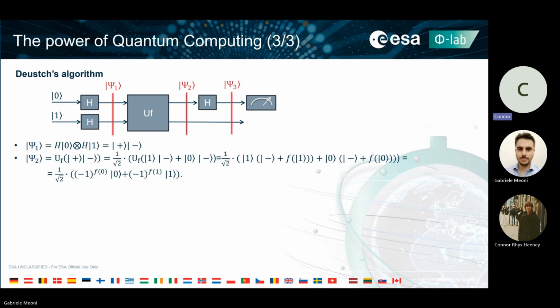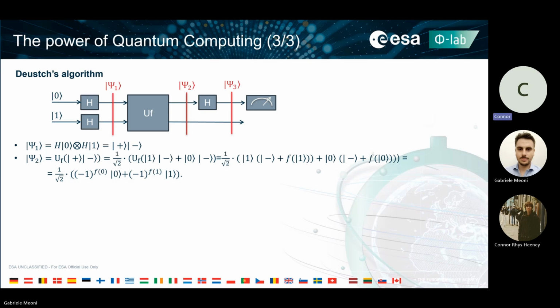You use the linearity of the oracle itself. In the end, you get something like that. You get that here, the full system state, using both this and this, is basically this, where the phase of the system, so what you have before 0 and 1, depends on f of 0 and f of 1.